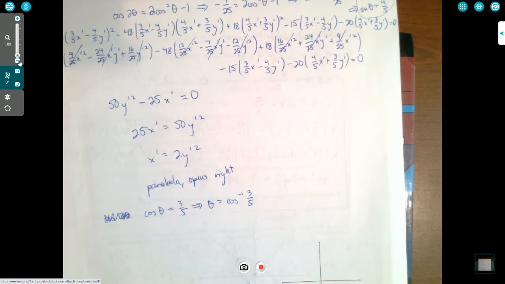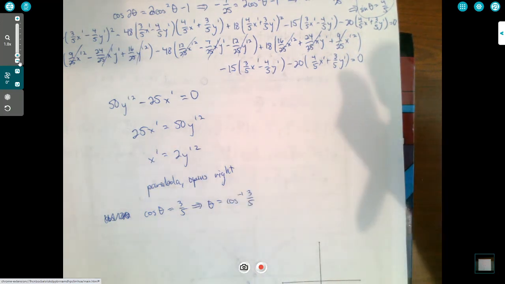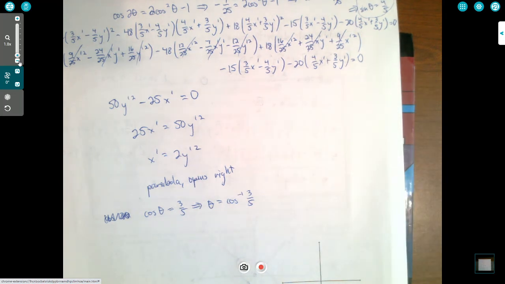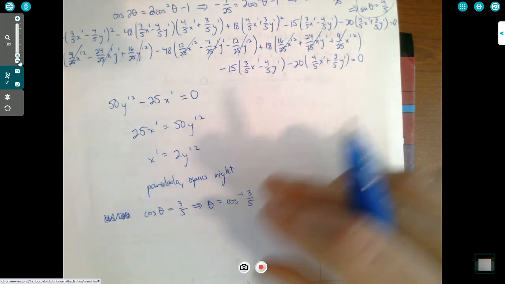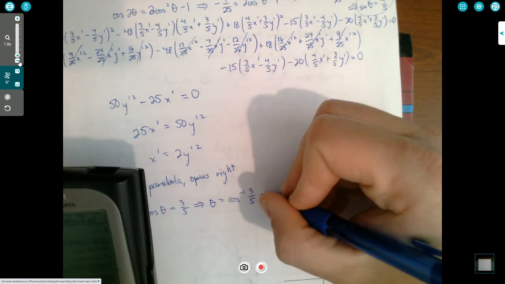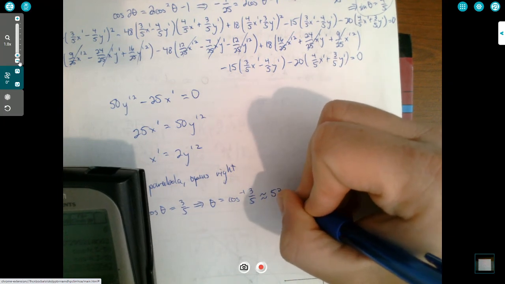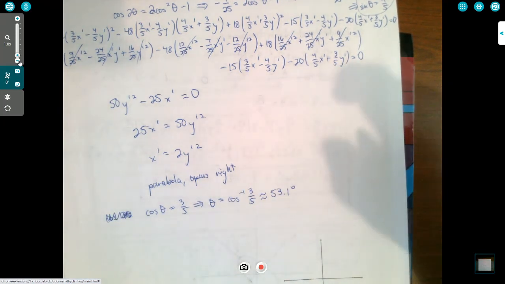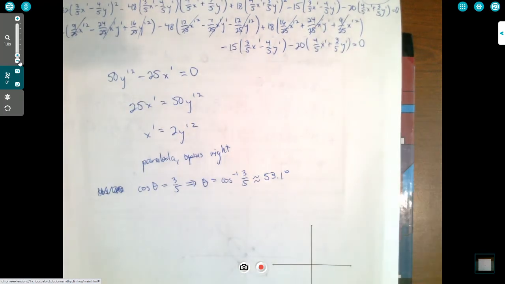Let me get it in degrees. It's approximately 53.1 degrees. Okay, so that's our angle of rotation.